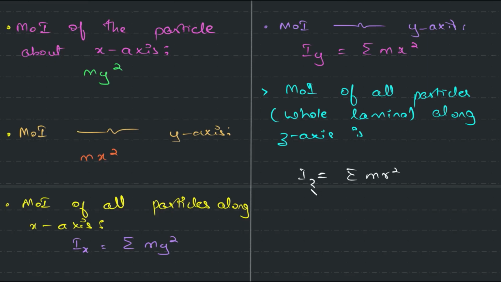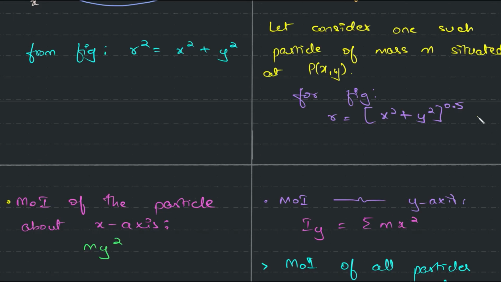The same funda, is it not? Nothing fancy happening over here. First we saw it for one particle and then we moved on to the whole lot. But what is r? r square is nothing but x square plus y square. This is from the figure. Okay, so I'm calling this 1. This is 1 for me.